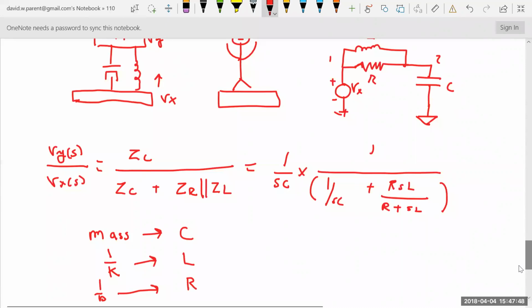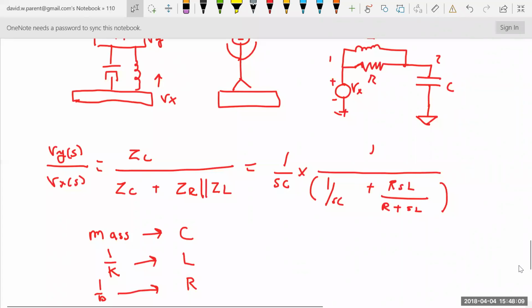Although because there's a resistor in there, I'm fairly confident that there's a real part, and it'll cause a pole in the left half plane.